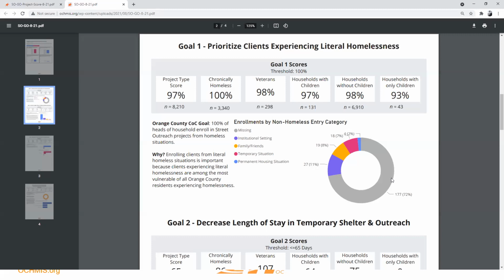So to me, that's kind of a lost opportunity to boost up this measure a little bit, because usually in street outreach, you know, they are homeless. So does anyone have experience or thoughts on why this information may be missing?